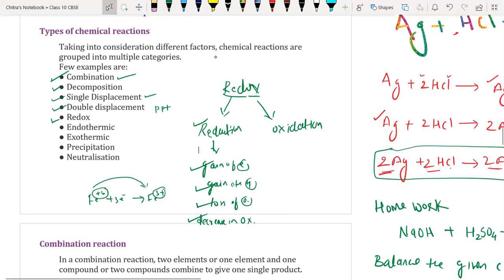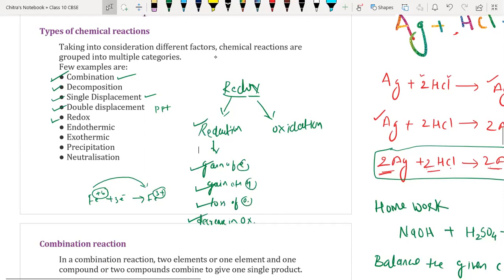Whereas oxidation is just the opposite of the reduction reaction. Here it is gain of electron, so here will be loss of electron. Here gain of hydrogen, so here loss of hydrogen takes place. Here loss of oxygen, here gain of oxygen takes place.